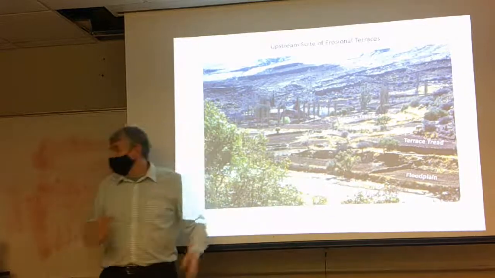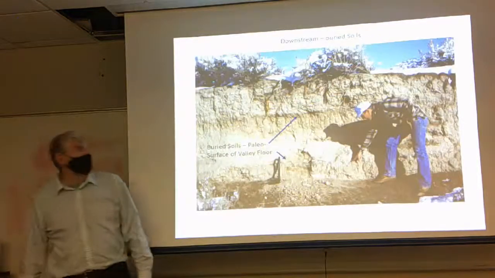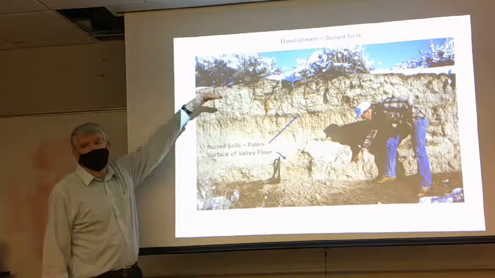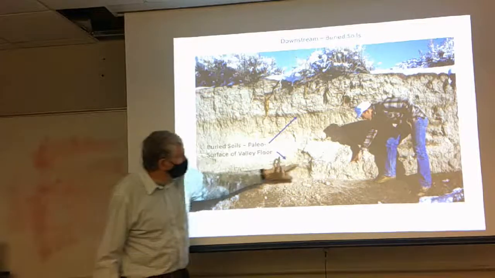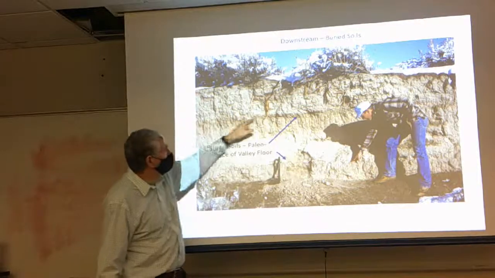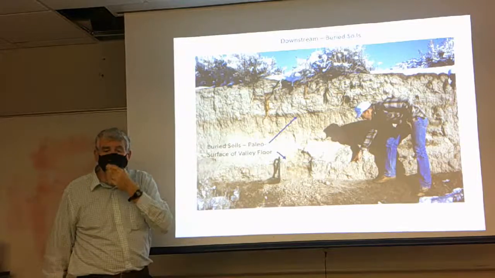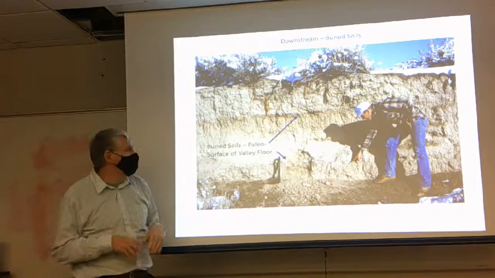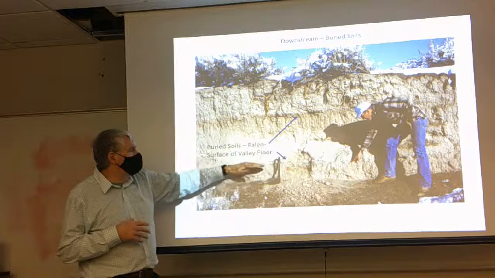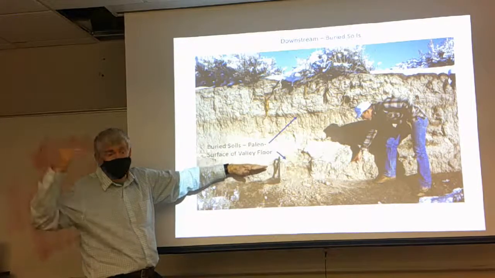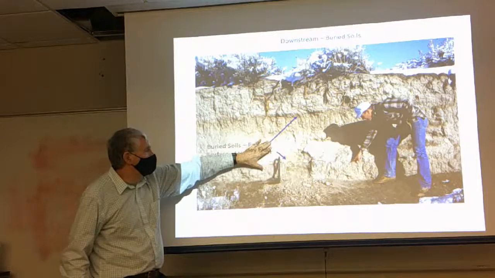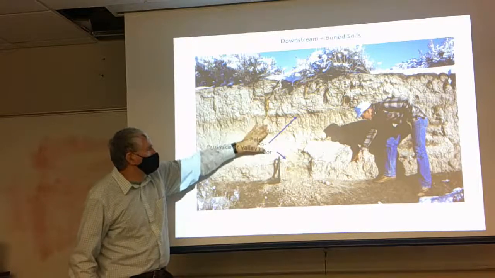If we go downstream, however, the whole floodplain just continues to fill. And you can see that these dark layers in this sequence are actually buried soils or paleosols. What it's showing is that we had terrace formation upstream. It buried that soil, created all this stuff.